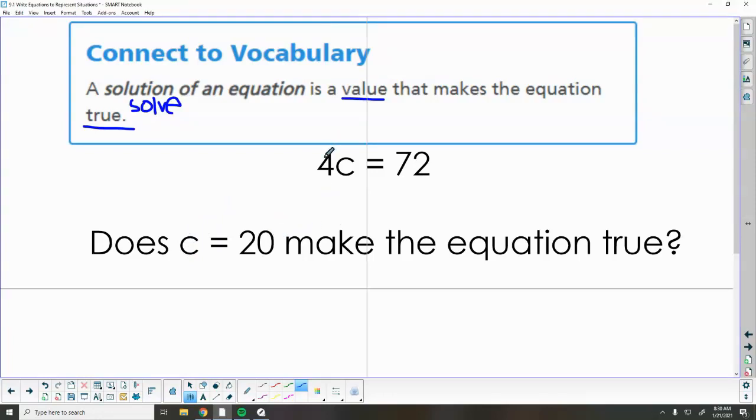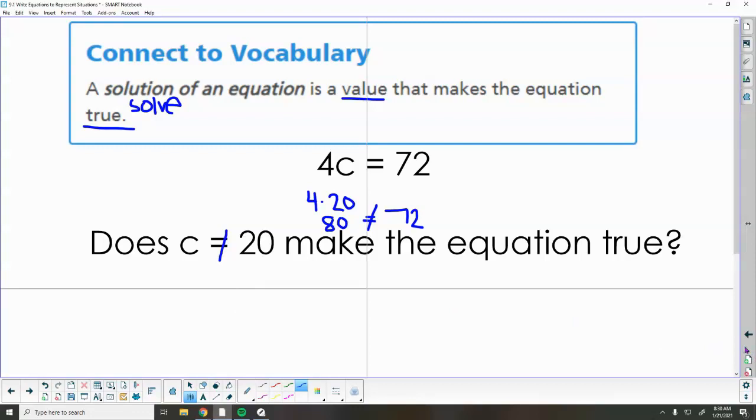So we know we had 4 C's and our total was 72. So if we take 4 and times that by 20, 4 times 2 is 8 with a 0. So that's $80, but they only spent 72. So I know that this is not true. So C does not equal 20 in this case.